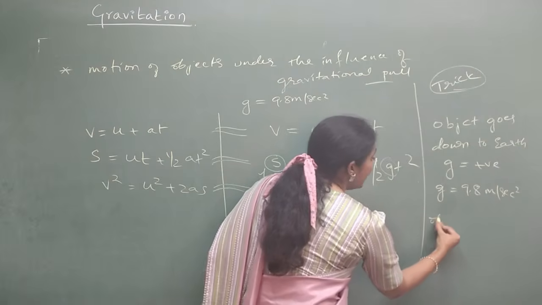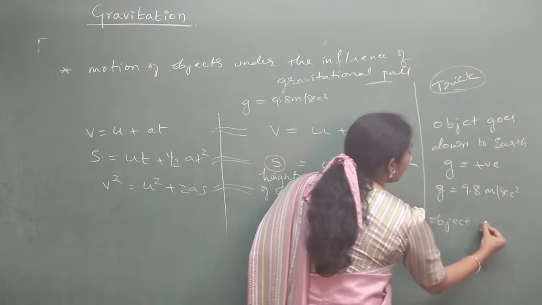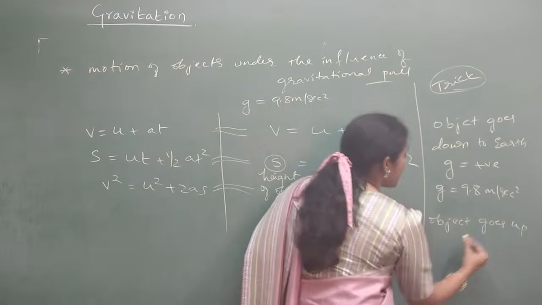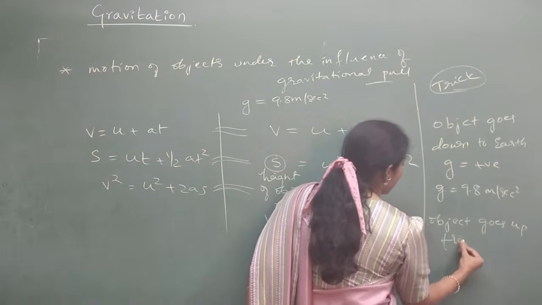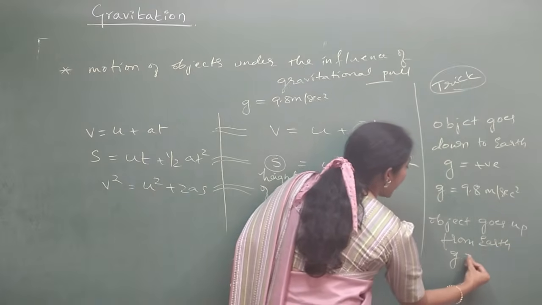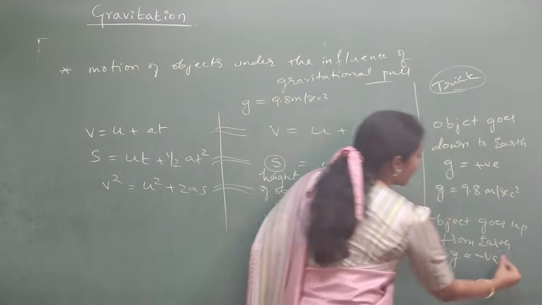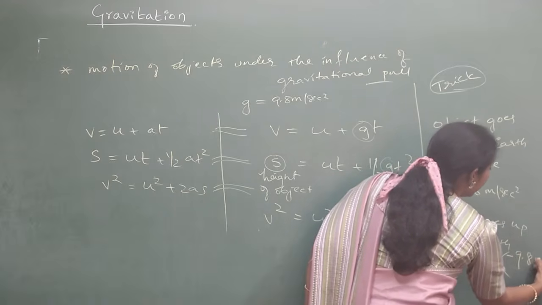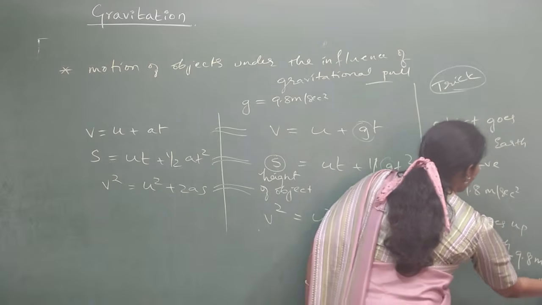Whenever an object goes against the gravity, goes up from earth, then g's value you should take as negative. That means g's value you have to consider as minus 9.8 meter per second square.